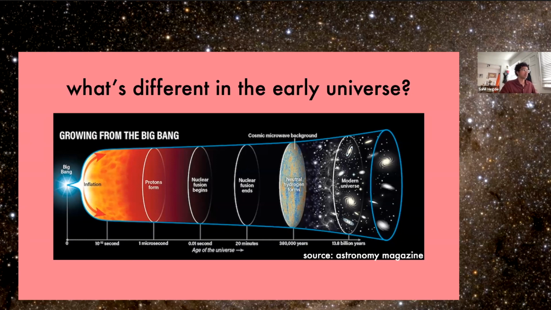And so, as usual, we start with the Big Bang. At the Big Bang, the universe grew out of a single point in space. There was this huge explosion, basically, and over a fraction of a second, you can see here, this is 10 to the minus 32 seconds, a teeny small fraction of a second, the universe grew and started to expand out of that single point.